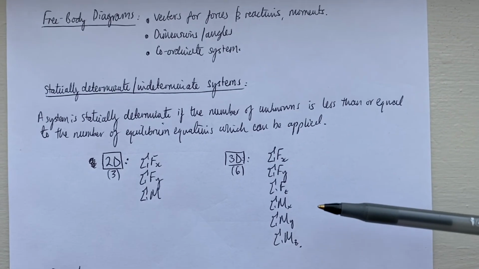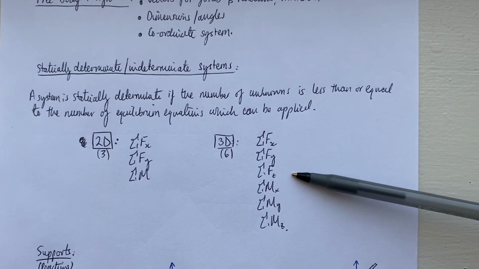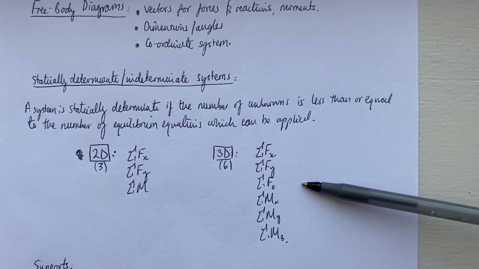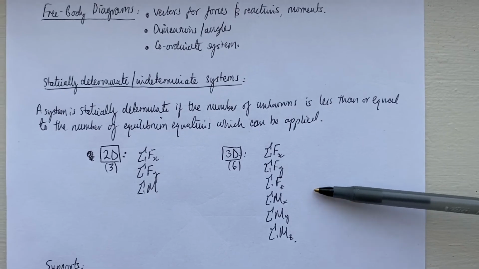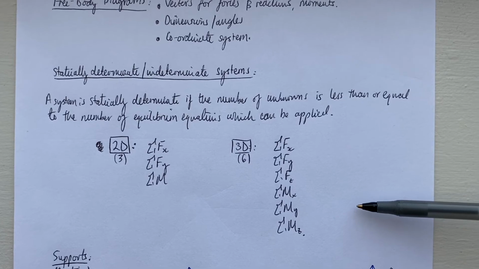But let's say we have one fixed support in a 3D problem, we have 6 unknowns, and we have 6 equilibrium equations, and therefore we have a statically determinate system.